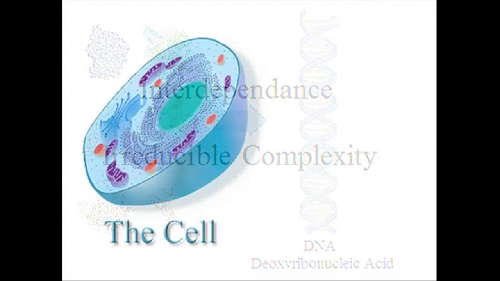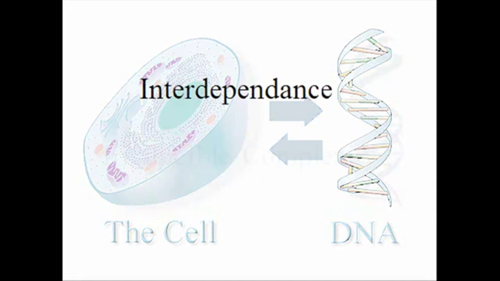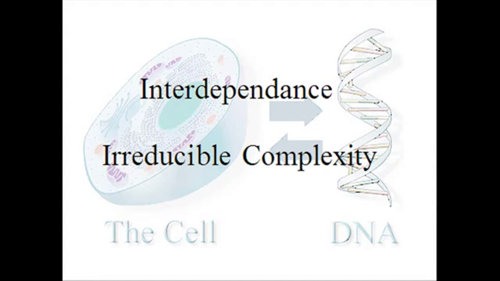Moreover, the entire cell and DNA are interdependent, because the DNA molecule cannot exist without the molecular machinery of the cell and its environment, nor can the cell exist without the genetic information which codes for the genetic machinery which maintains the cell and the DNA molecule. This is interdependence and irreducible complexity.